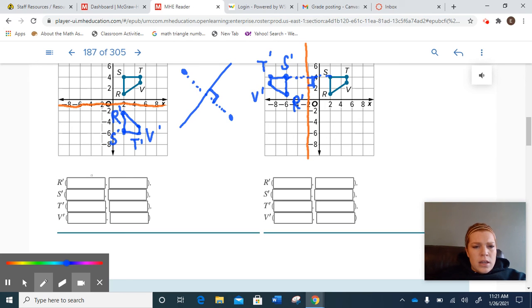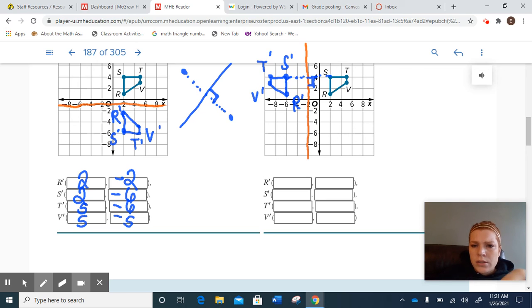So R is 2, -2. S is 2, -6. T is 5, -6. V is 5, -5. And then we'll jump over here to the vertical one.